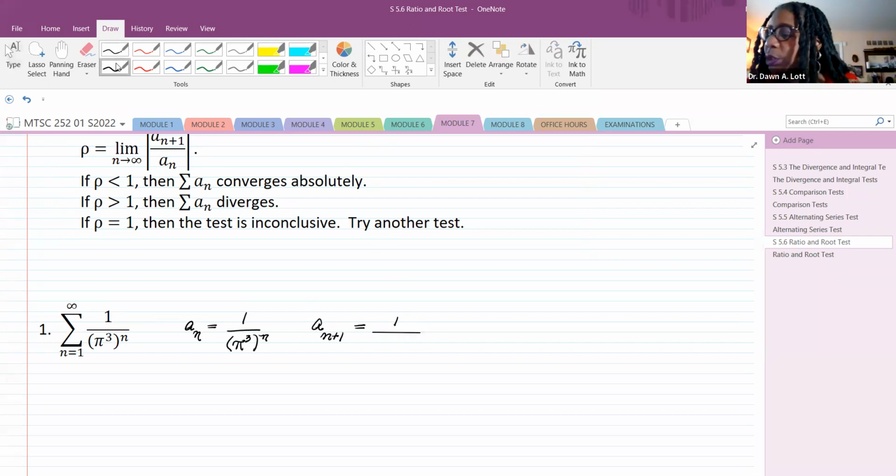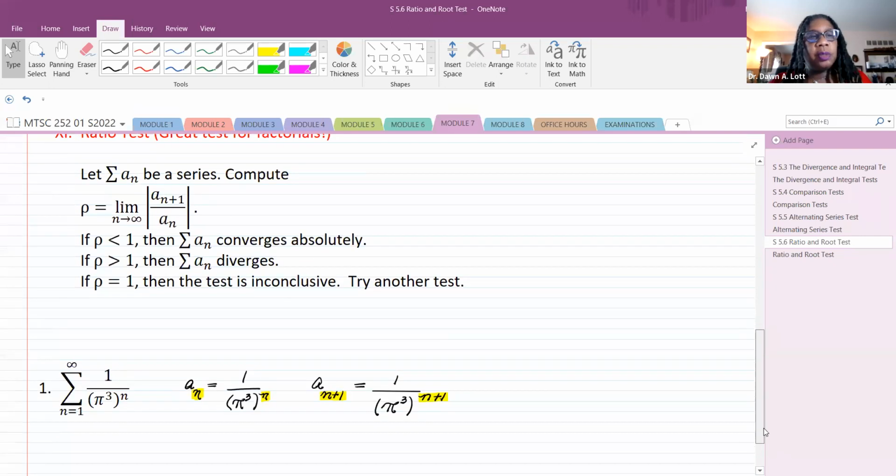So a_(n+1) says in the place of n, we're going to put n plus 1. So this is going to be pi cubed to the n plus 1. Okay, any questions?